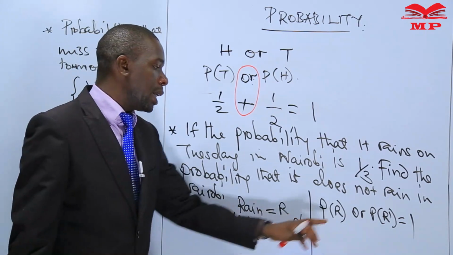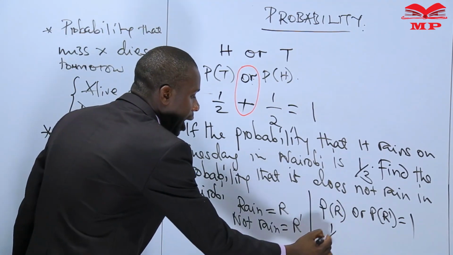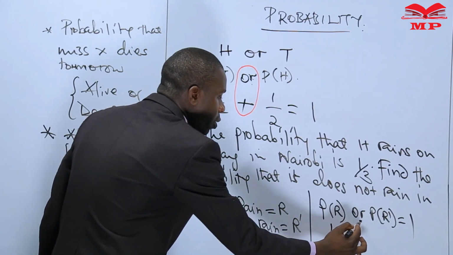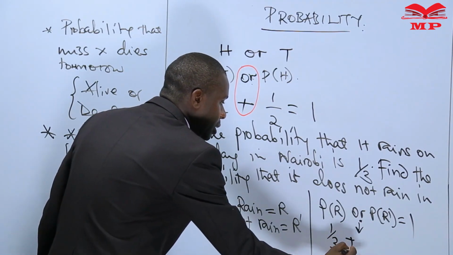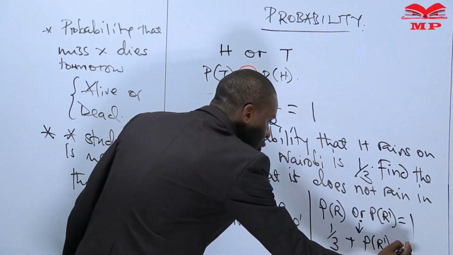But we know the probability that it rains. So the probability that it rains here is 1/3, plus the probability that it does not rain, giving us 1.